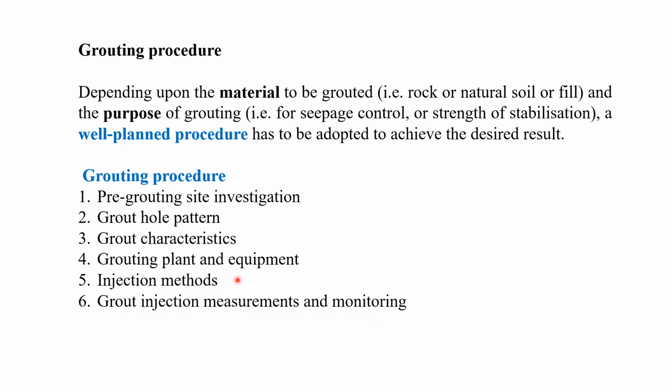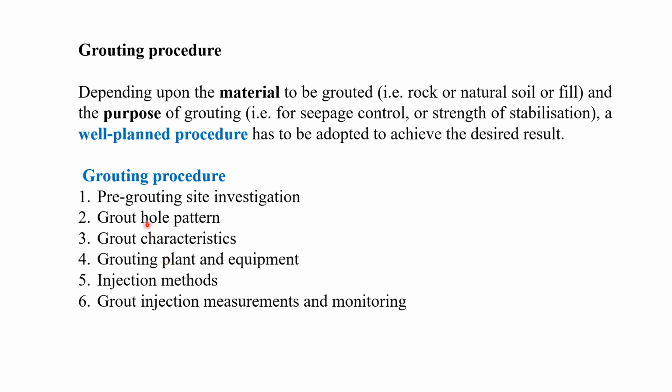So these 6 components we have to study under the heading grouting procedures. So today we shall talk about these 4 components. The remaining 2 components we shall discuss in the next lectures.